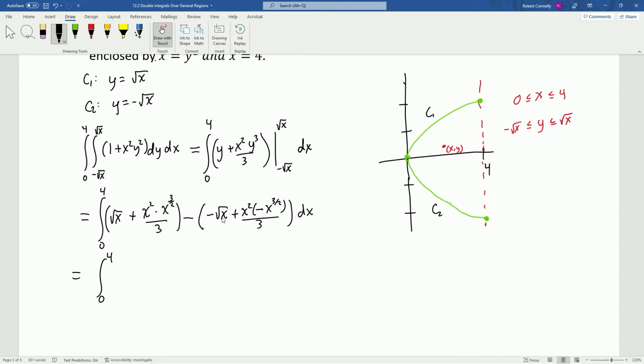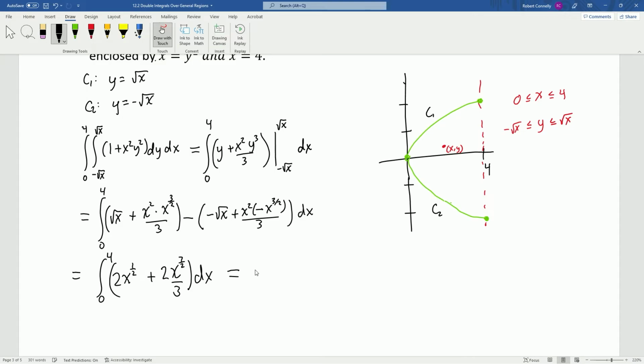Square root of x plus the square root of x is 2 times the square root of x. But I'm going to write that as 2 times x to the 1/2 power. And now here we've got x squared times x to the 3/2. So that's 7/2. So x to the 7/2 over 3. Minus a negative, so that's going to be plus again, the same thing. So that's just 2 of those.